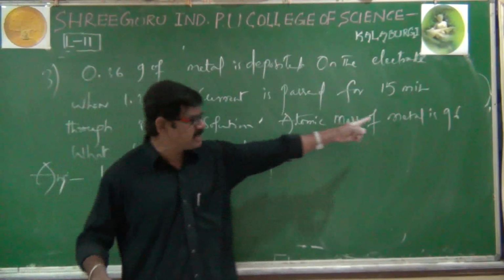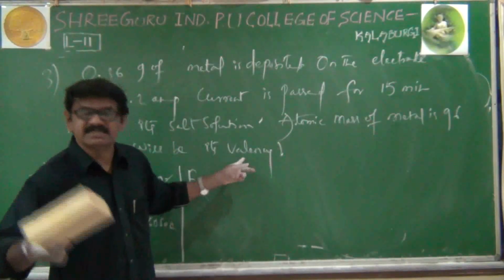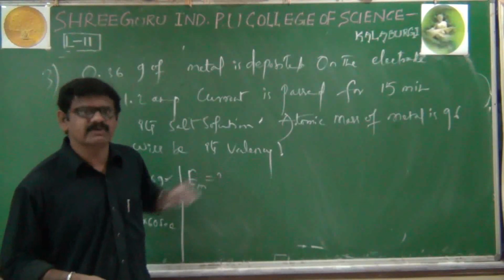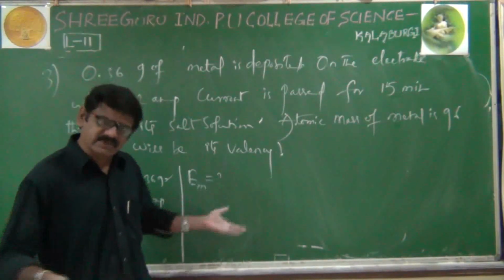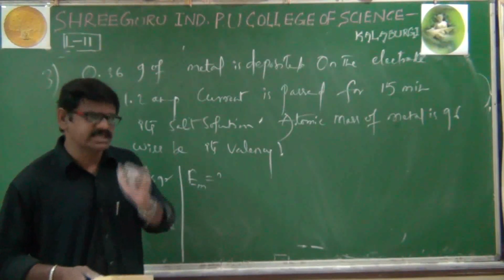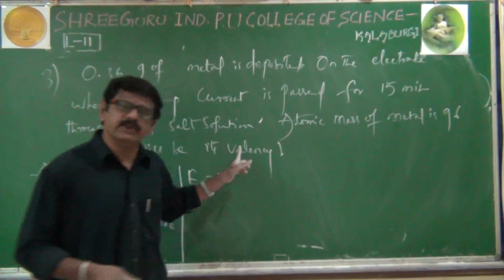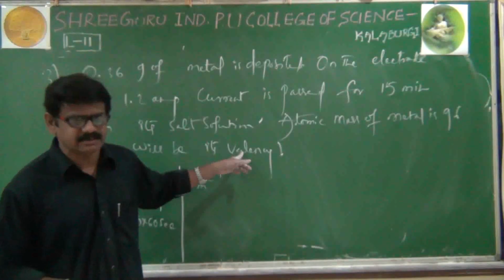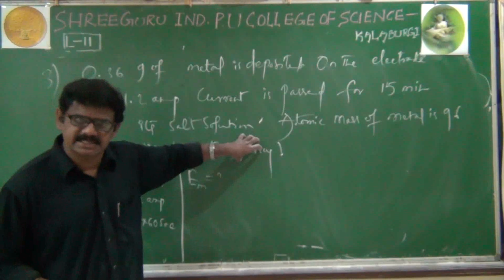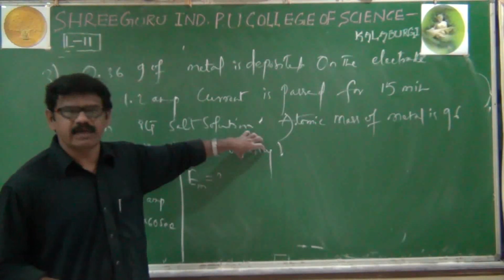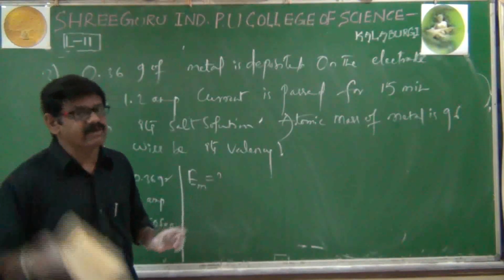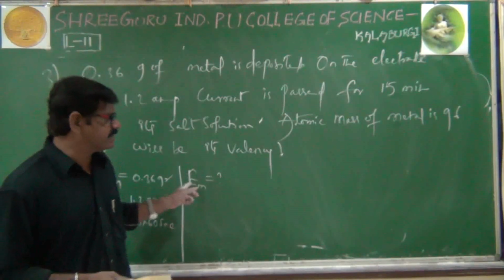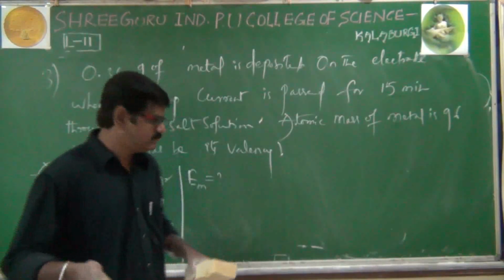Atomic mass is there, but valency is not, and valency is what we have to calculate. Before we calculate valency, we'll find the equivalent mass. After getting the equivalent mass, we'll go to valency.